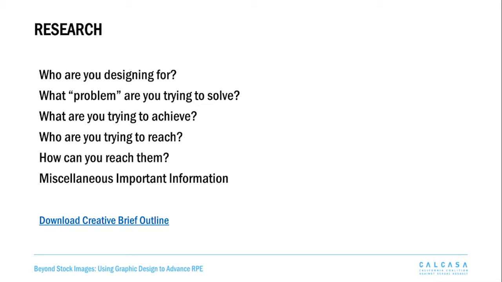Some of the questions I ask are who I'm designing for, what problem we are trying to solve, what exactly we are trying to achieve, who we are trying to reach, how can we reach them, and then also some other important information.